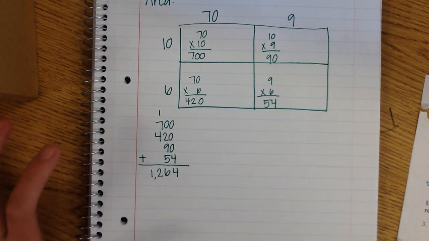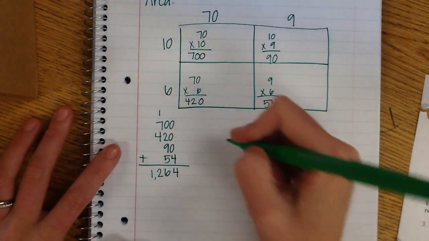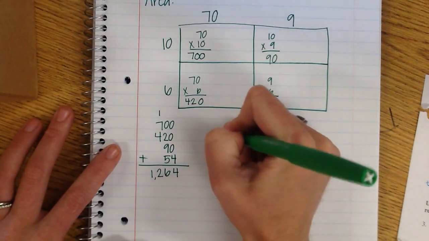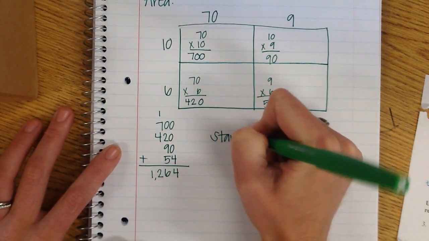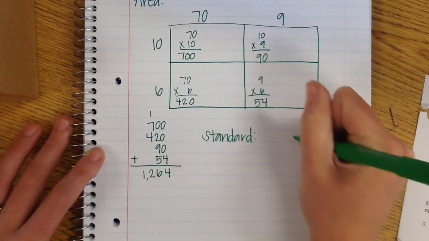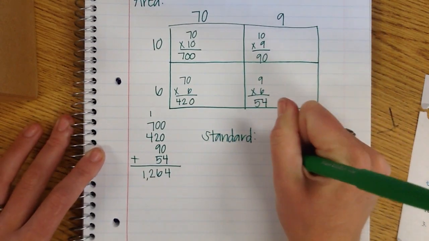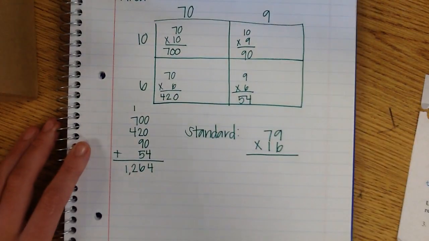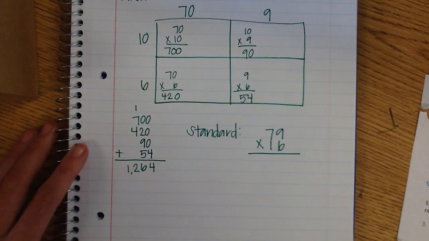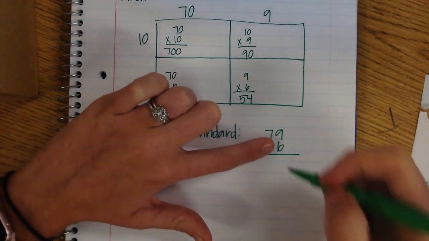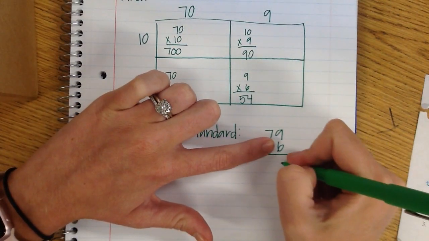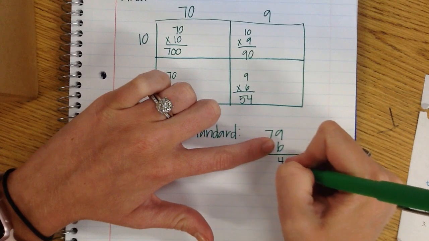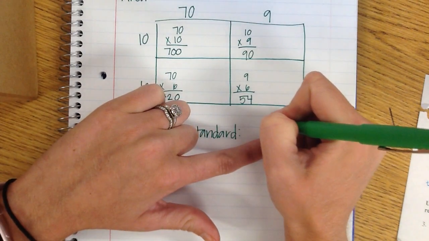Okay, now I'm going to show you how to do it with the standard method. I like to do it standing up. Okay, what I'm going to do is ignore that 1. 6 times 9 equals 54. So I'm going to put my 4 there and a 5 here.